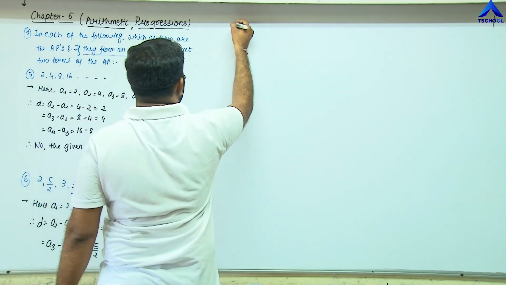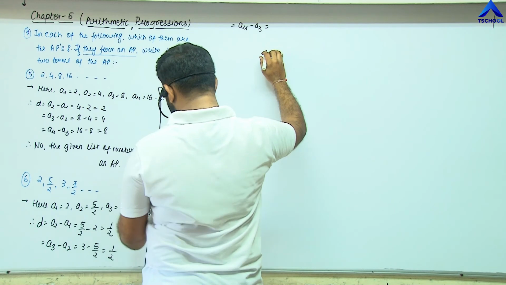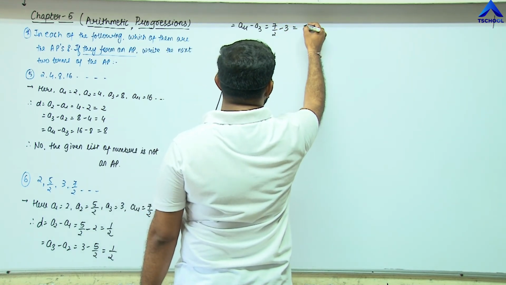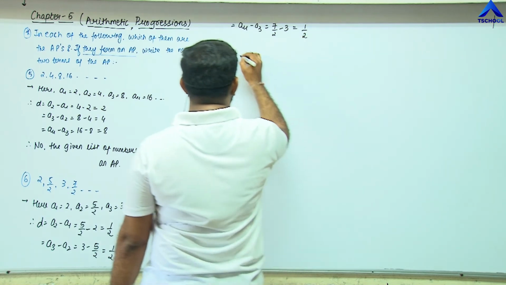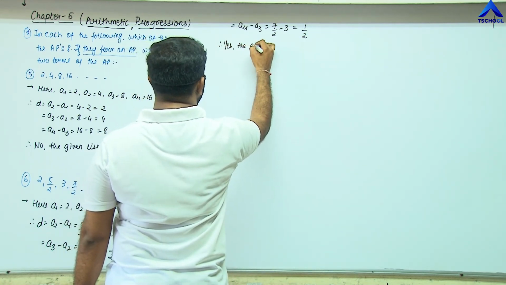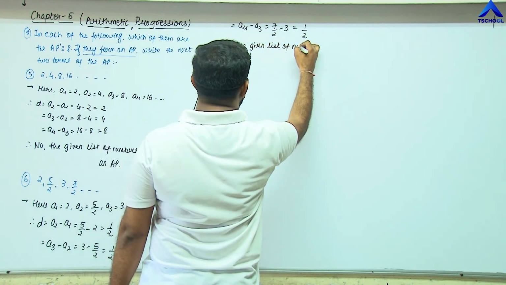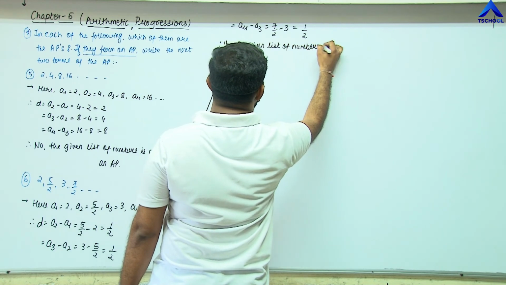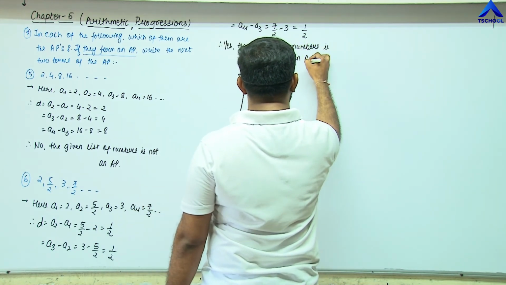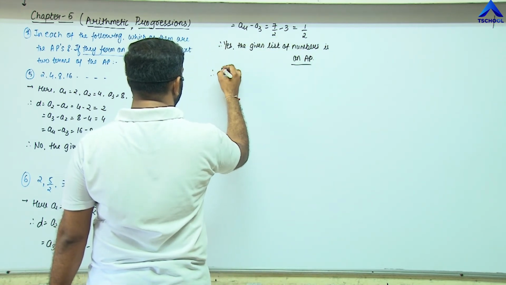Or you can also write it like a4 minus a3, which is 7 by 2 minus 3, that is again 6, and that will give me 1 by 2. Therefore, yes, the given list of numbers is an AP.